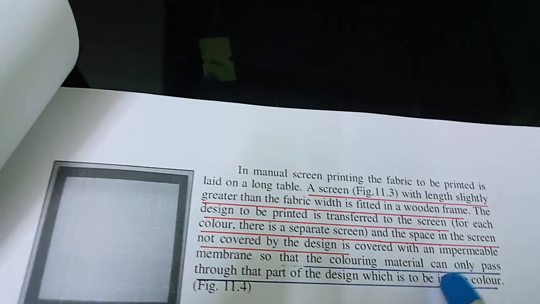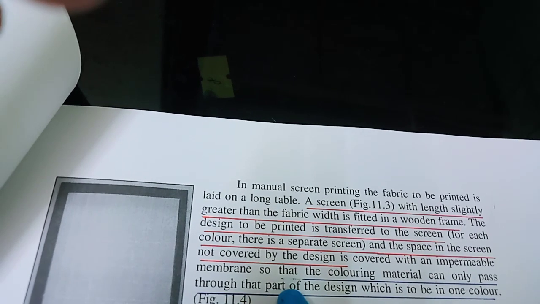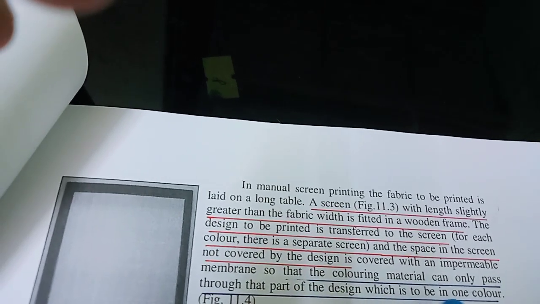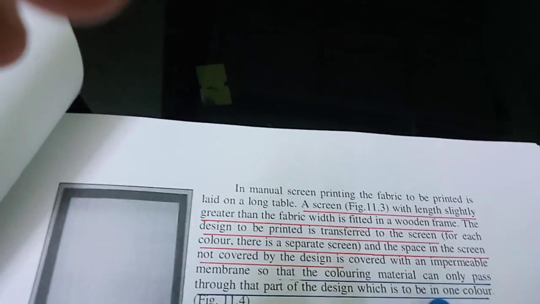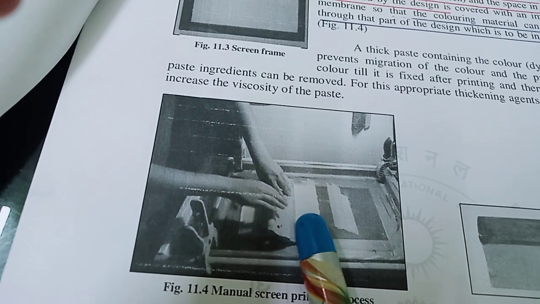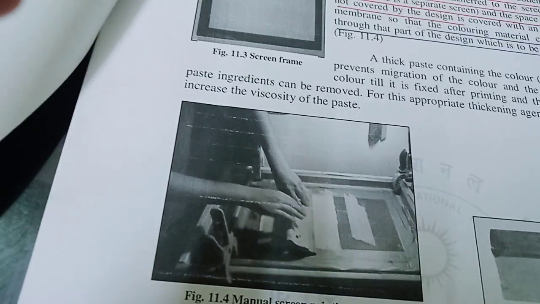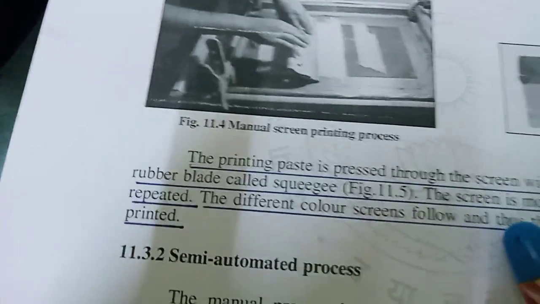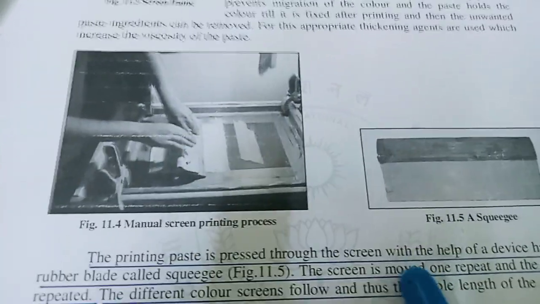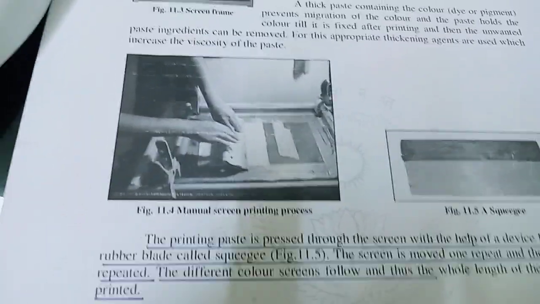So the coloring material only passes through that part of the design which is to be in one color. Here one more tool is known as the squeeze. Squeeze means a small blade which is used to spread the color throughout the screen. The printing paste is pressed through the screen with the help of this squeeze.